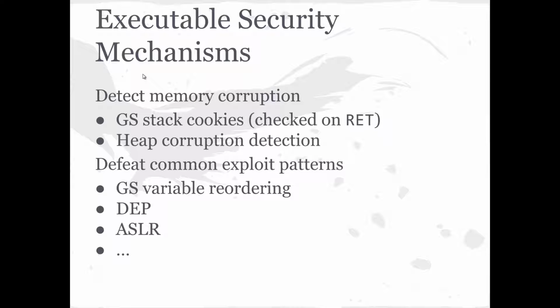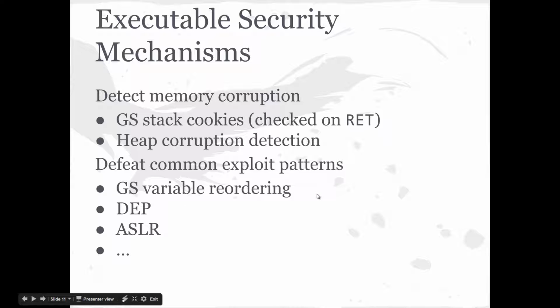And nowadays we have EMET, the Exploit Mitigation Experience Toolkit. There are mitigations for detecting memory corruption, namely stack cookies and heap metadata checkers. And there are exploit mitigations to defeat common exploit techniques and patterns: DEP, ASLR.